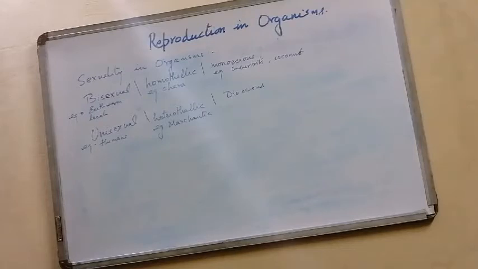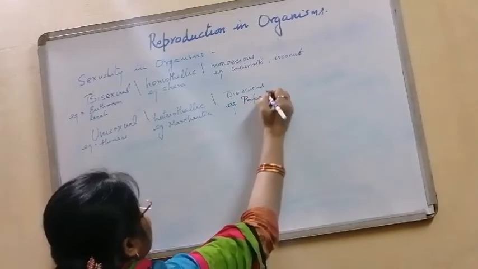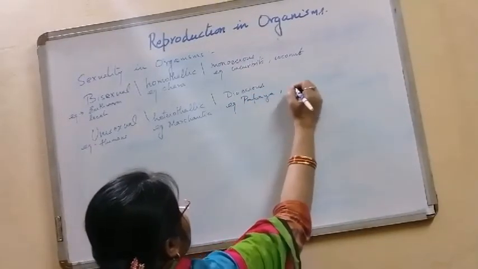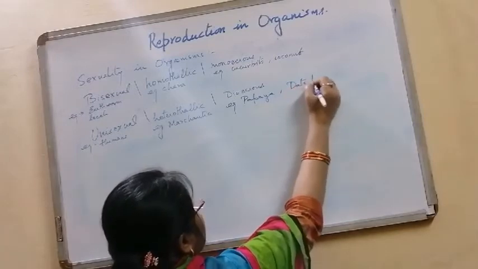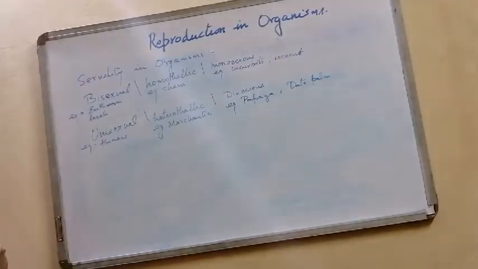Therefore, you don't find fruit on them, isn't it? So there are many dioecious plants. Examples you can note down are your papaya and your date palm. Okay, so this is about sexuality in organisms.